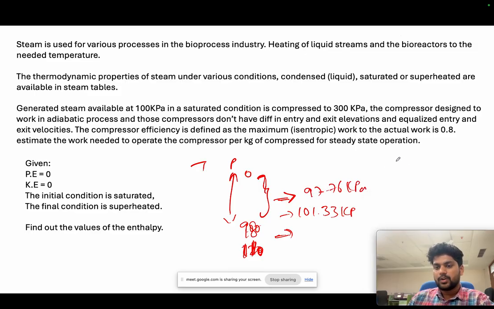So can you tell me the enthalpy values, H values, for this? If you go through the same line, you will find the enthalpy for both the cases.